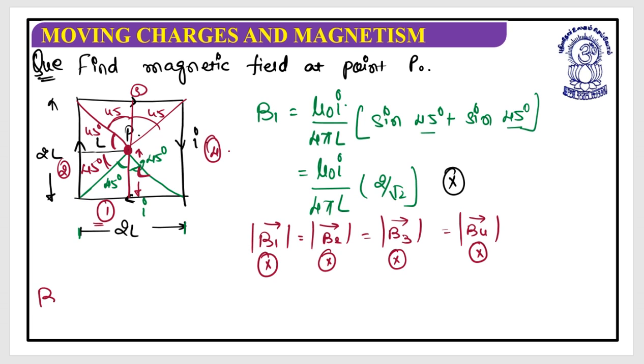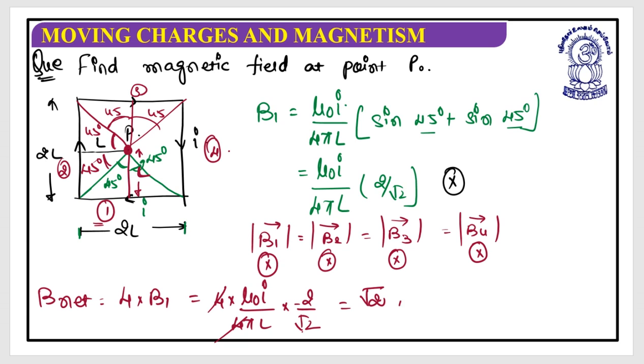So this B net would be equal to 4 times B1. So this is 4 multiplied by mu naught I divided by 4 pi L multiplied by 2 by root 2. So this 4 and 4 have gone. This is 2, this is root 2. So this is root 2 times mu naught I divided by pi L, inside the plane of the frame.